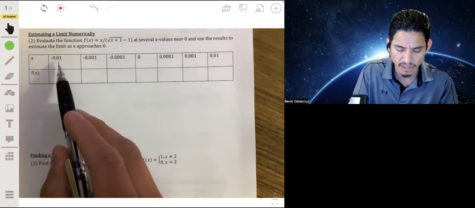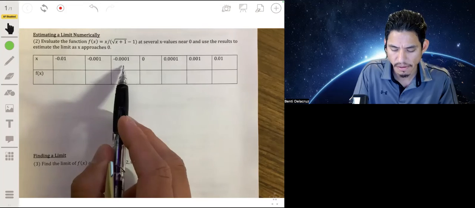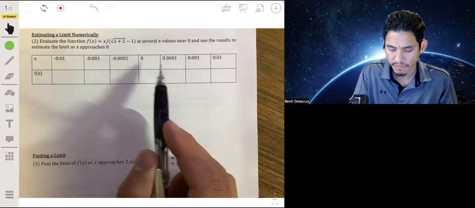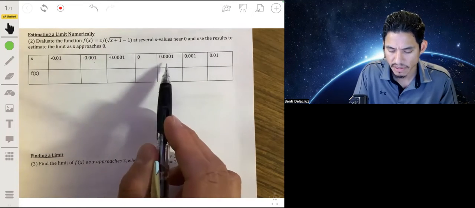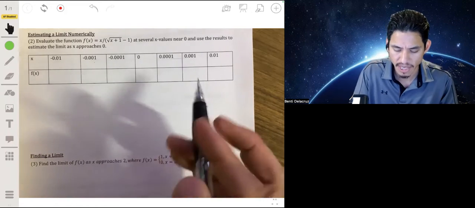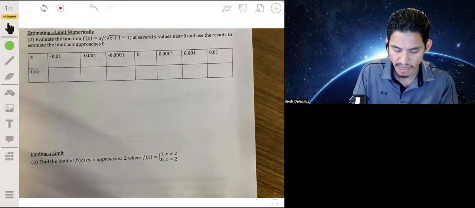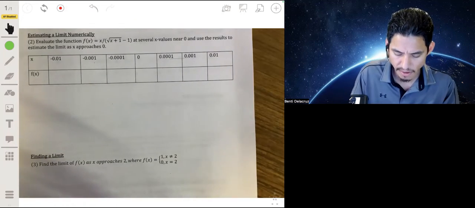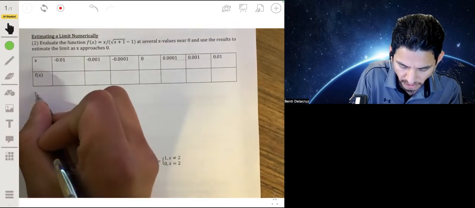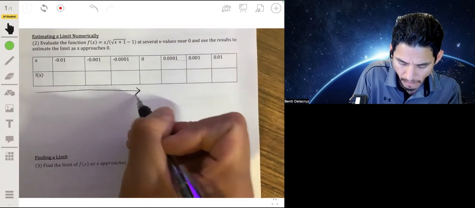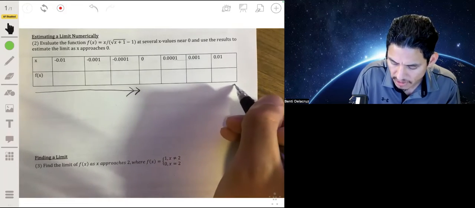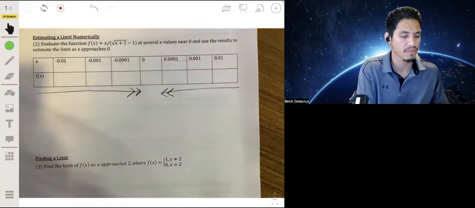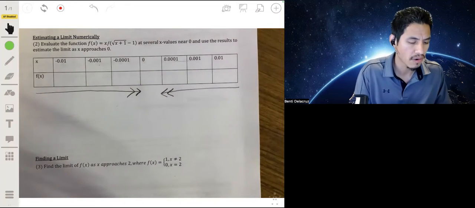So we would pick values that are very close to it and plug them into this expression: values below 0 and values above 0, the negative side and the positive side. We can represent this as these values approaching 0 from the left, and these values approaching 0 from the right, or positive side. We're approaching that number.